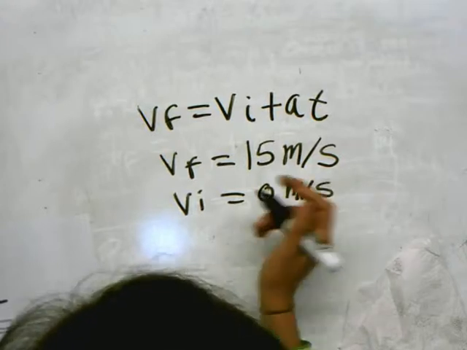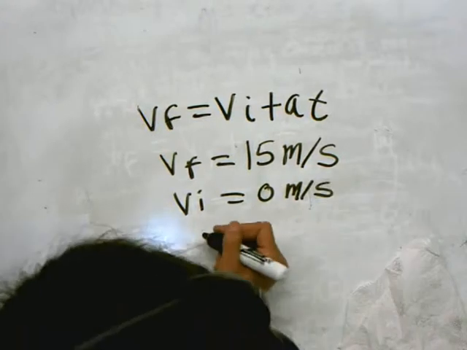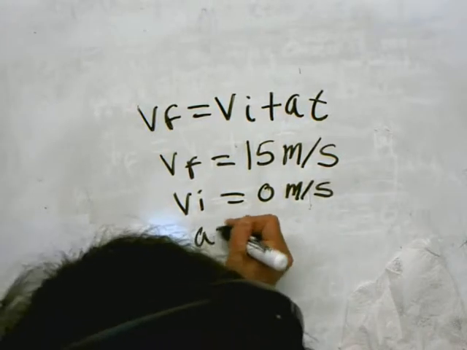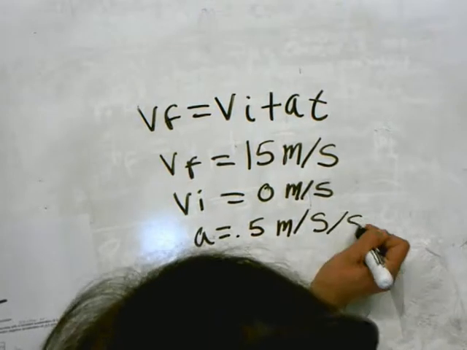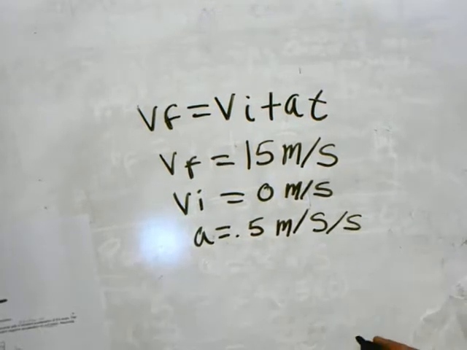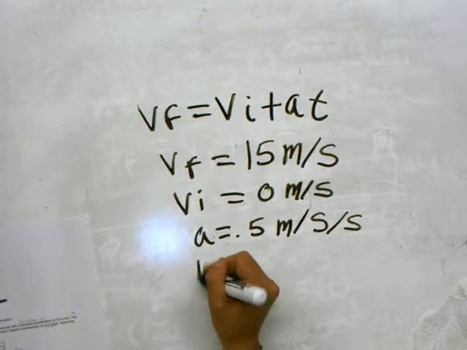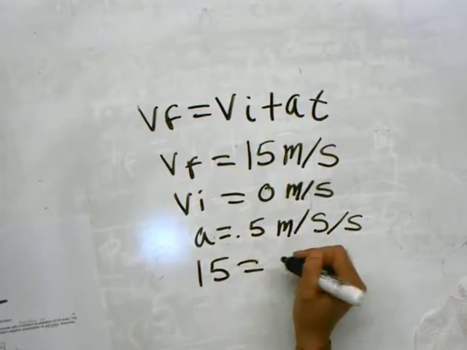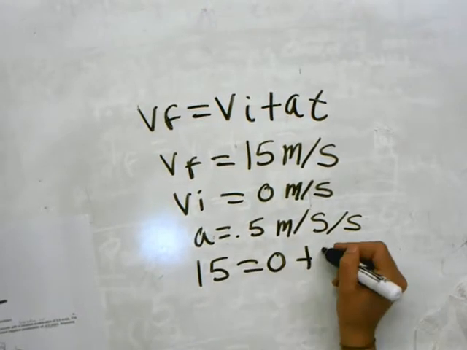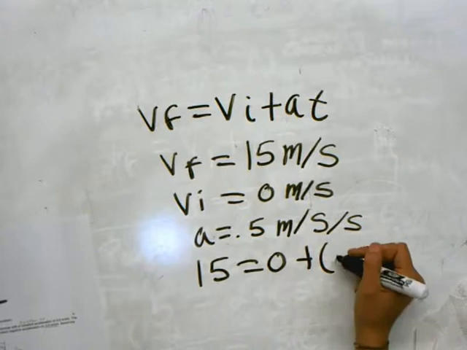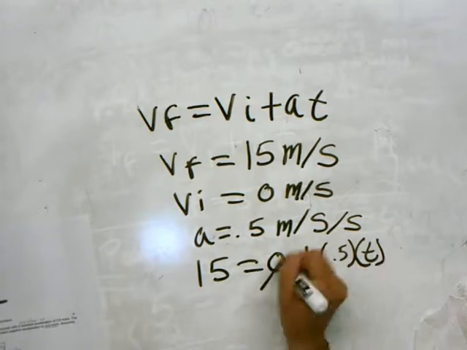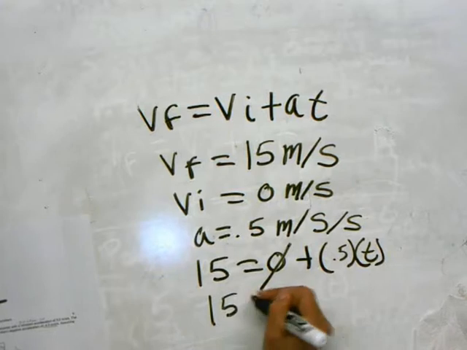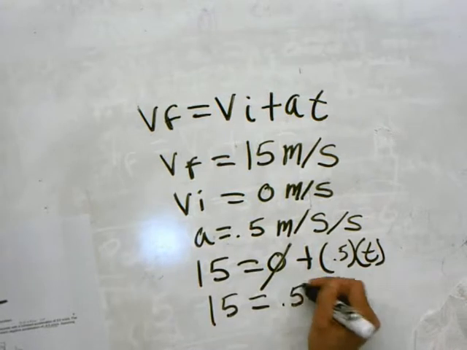So what do we do now? We don't have a V initial. We still can put it into the equation, and we notice that it just cancels itself out. We're left with 15 equals 0.5t, and this shows that time is equivalent to 30 seconds. And this is another one of the examples.